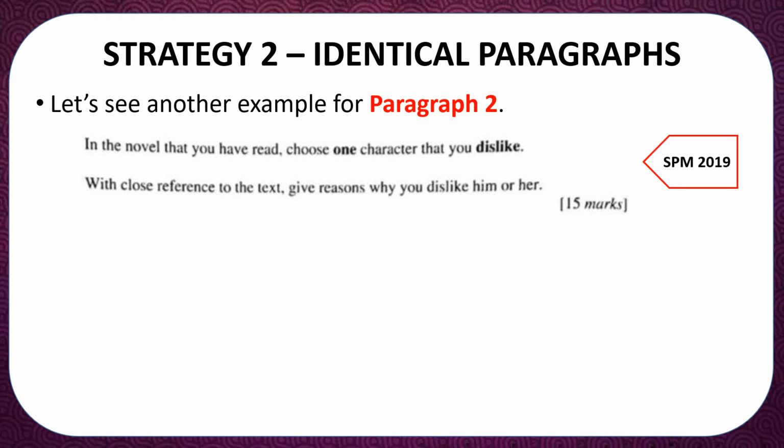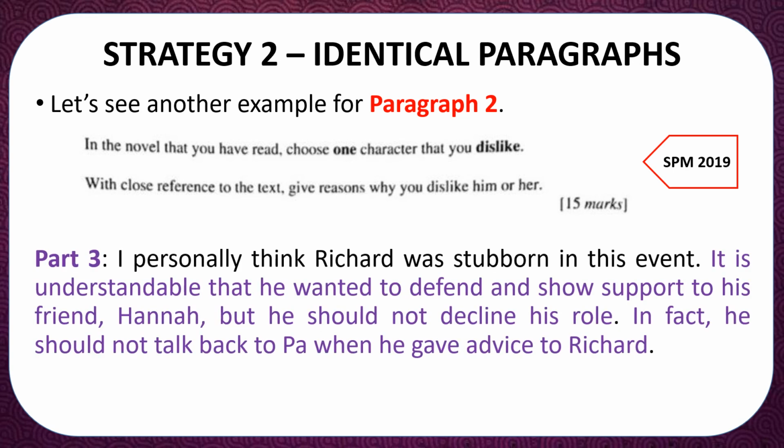Now let's look at part 3, which is your personal response. I personally think Richard was stubborn in this event. It is understandable that he wanted to defend and show support to his friend Hannah, but he should not decline his role. In fact, he should not talk back to Pa when he gave advice to Richard.